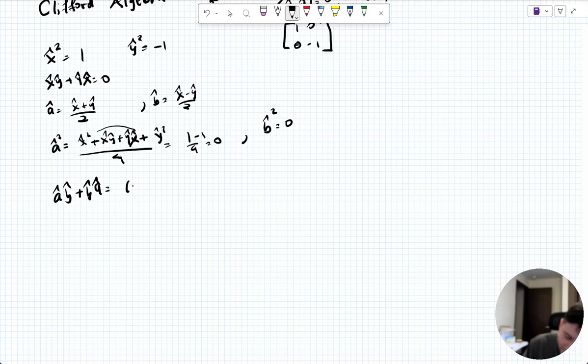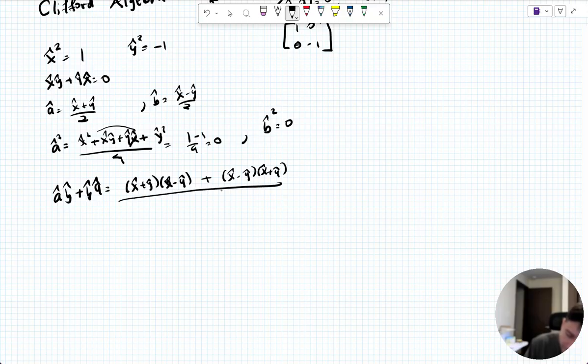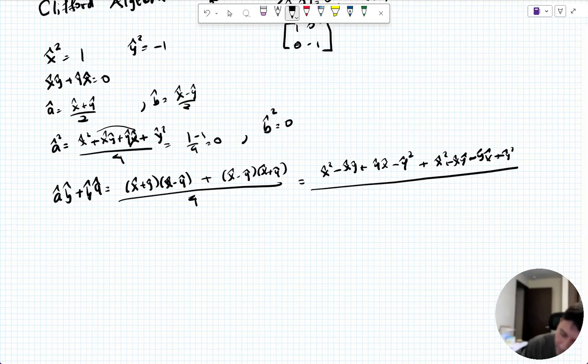So it's going to be equal to (x plus y)(x minus y) plus (x minus y)(x plus y), divided by 4, from which we get x squared minus xy plus yx minus y squared plus x squared plus xy minus yx minus y squared, divided by 4, right?